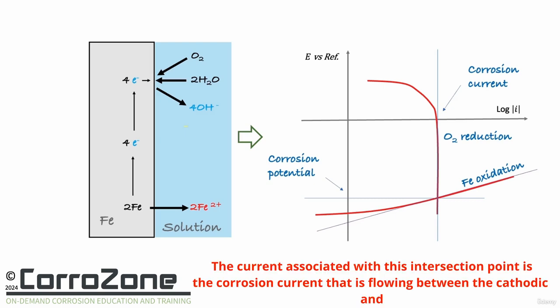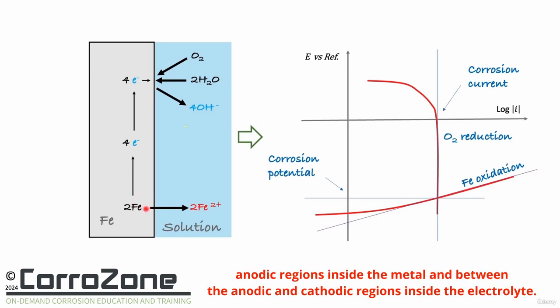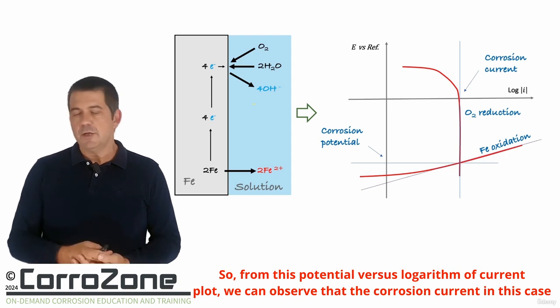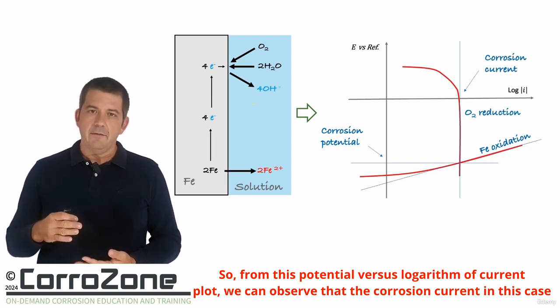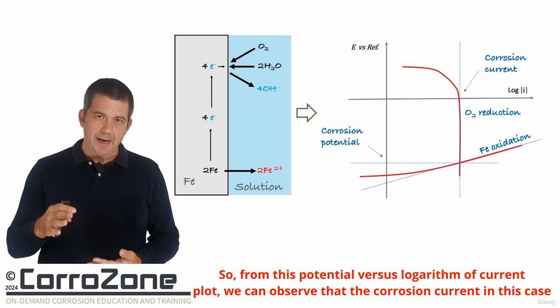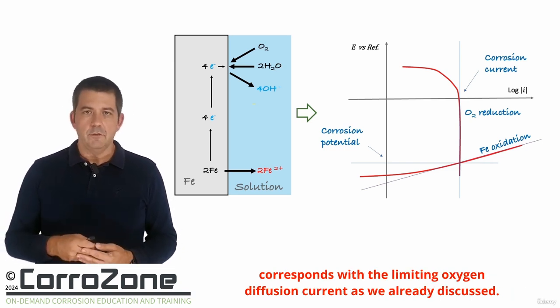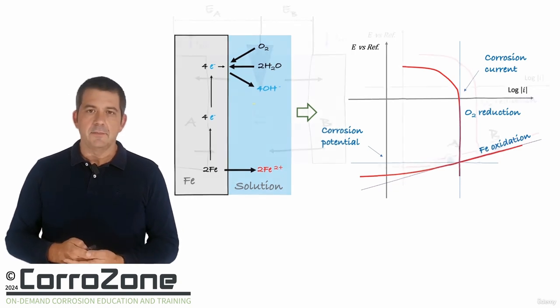The current associated with this intersection point is the corrosion current that is flowing between the cathodic and the anodic regions inside the metal and between the anodic and the cathodic regions inside the electrolyte. So, from this potential versus logarithm of current plot, we can observe that the corrosion current, in this case, corresponds with the limiting oxygen diffusion current as we already discussed.